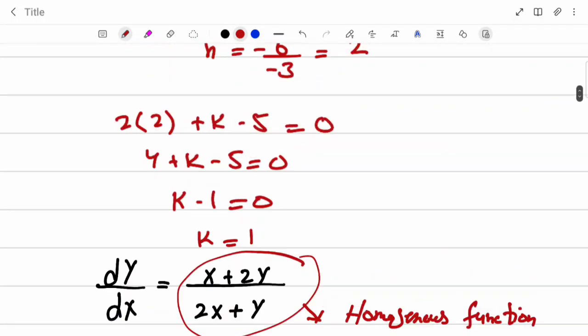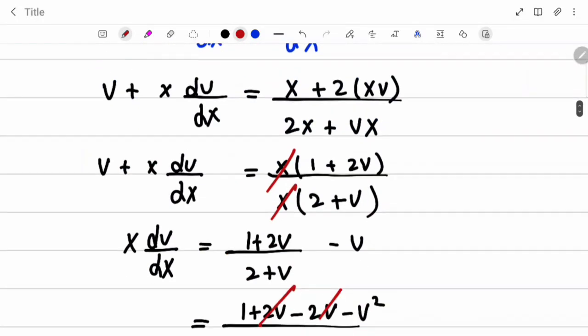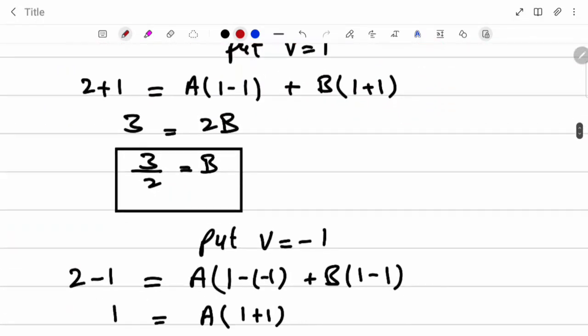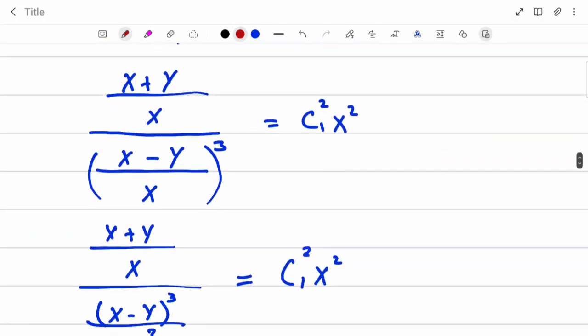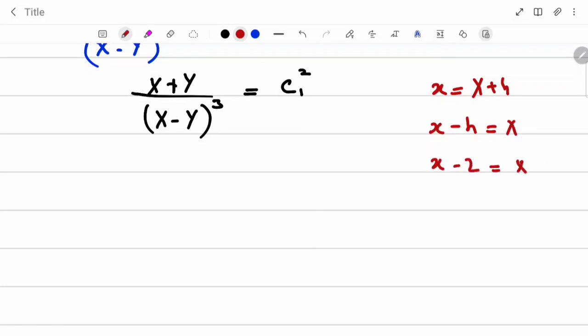The value of h is 2. Firstly, smaller x is equal to capital X plus h, so this turns out to be x minus h when we substitute it. So x minus 2 will be substituted there.